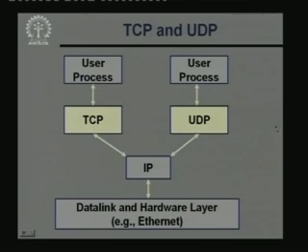Let us have another look at this diagram. So, here in today's lecture, we will be concentrating on this part of the hierarchy, the transport layer protocols TCP and UDP, where the user processes will be sitting on top of them and the IP protocol would be sitting below them. So, this is where TCP and UDP exist in the protocol hierarchy.